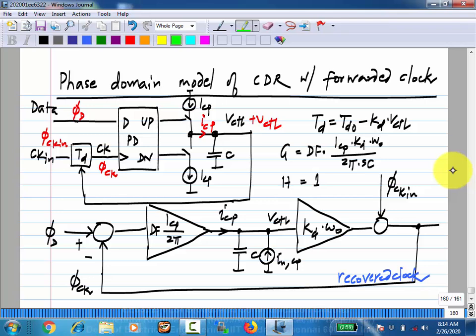Because the same current you can represent as an input here after dividing by this gain, right? Is this correct? Putting an input here is the same as having an input of INCP divided by whatever gain is preceding that. Okay? Is this fine?